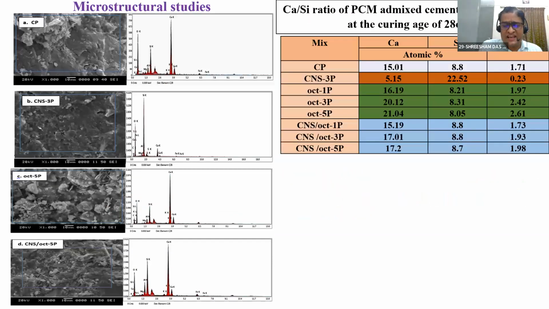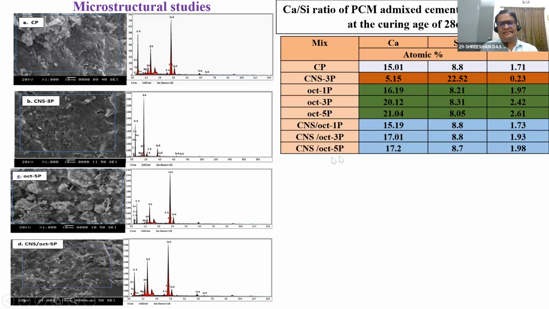If you go into the SEM with EDX, that is where I can understand the morphological characteristics of the cementitious system. We have gone into elemental composition analysis, that is atomic percentage analysis. If you see the Ca/Si ratio, all my PCM-based material, that is octadecane 135, has a quite large Ca/Si.